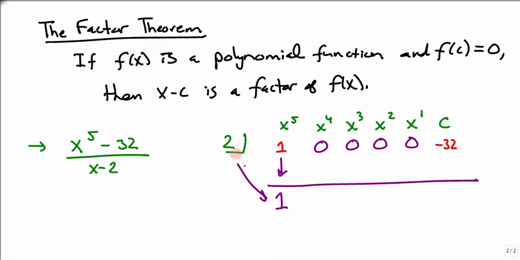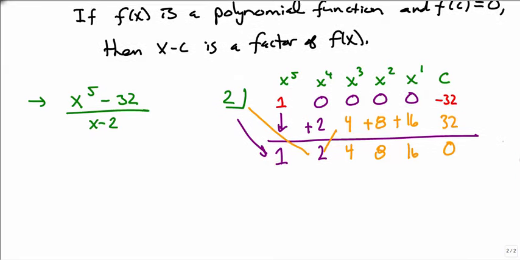I multiply. 2 times 1 is 2, bring it up, add it down. 2 times 2 is 4, bring it up, add it down. 2 times 4 is 8, bring it up, add it down. 2 times 8 is 16, bring it up, add it down. 16 times 2 is 32. In this case, I get 0 as my remainder.